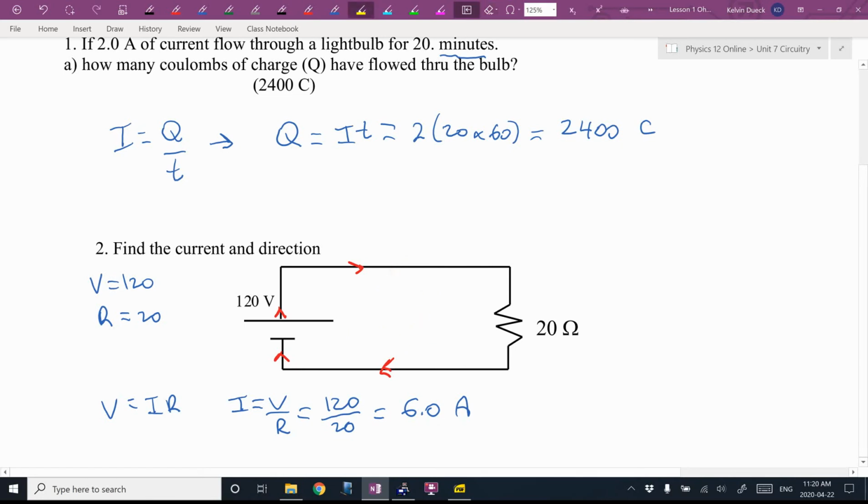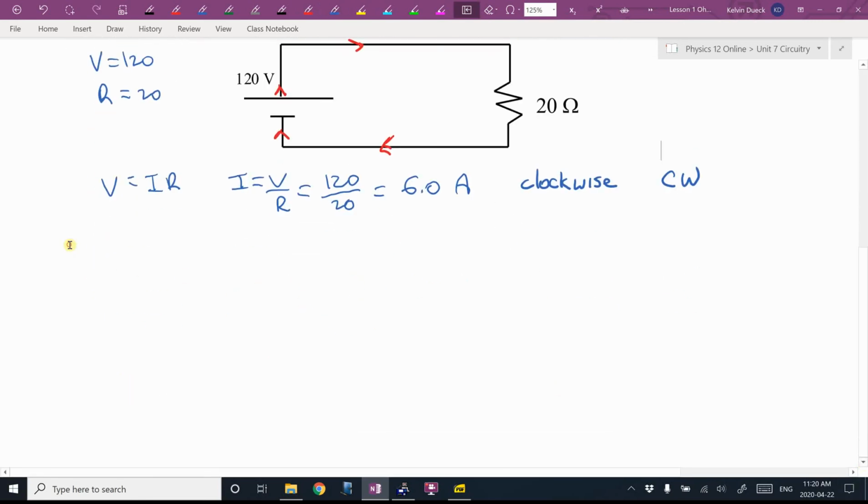But because it's easier mathematically, and I'll convince you of that throughout this whole unit, it's easier to imagine the positives moving, then we're going to say the current is clockwise. By the way, the abbreviation for clockwise is capital C, capital W. The abbreviation for counterclockwise is CCW. You may see that in answer keys in the future, because I tend to abbreviate.